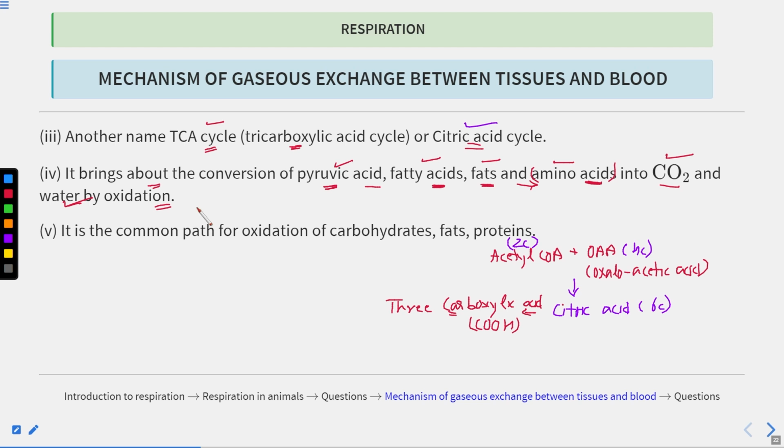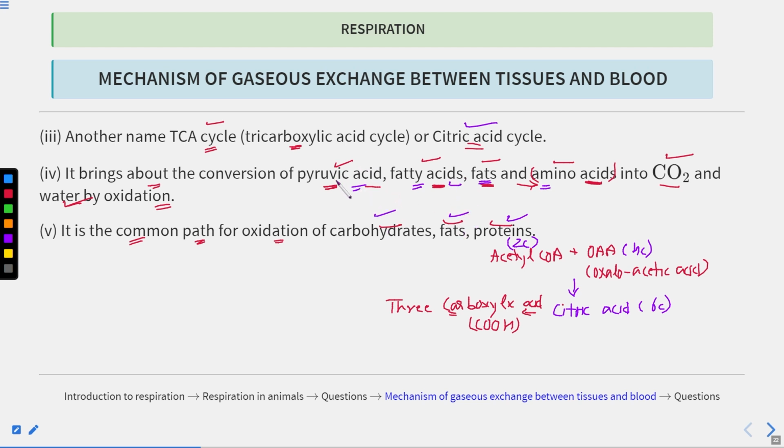Okay. Now, this point you have to remember. This is a very important point. The Krebs cycle is a common pathway for oxidation of carbohydrates, fats, and proteins. So you can see all these molecules: pyruvic acid, fats, fatty acids, amino acids. Amino acids combine to form protein. Fatty acids combine to form fats. And then we have the carbohydrate.